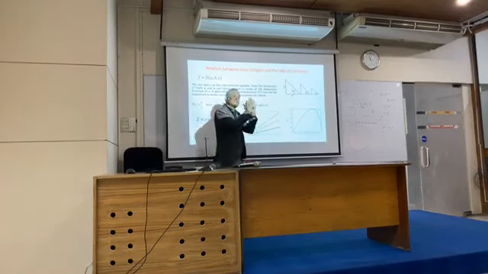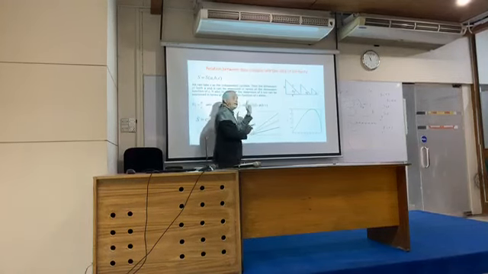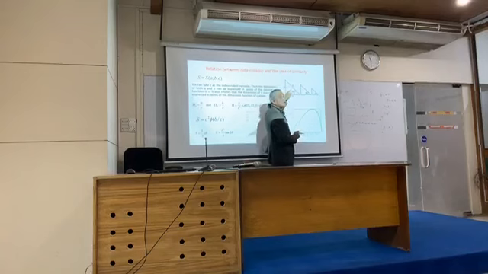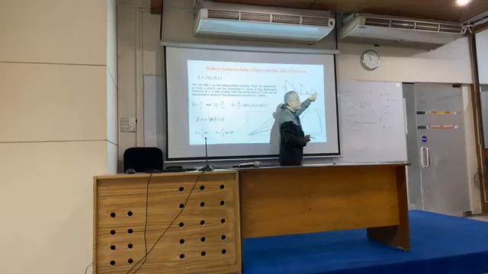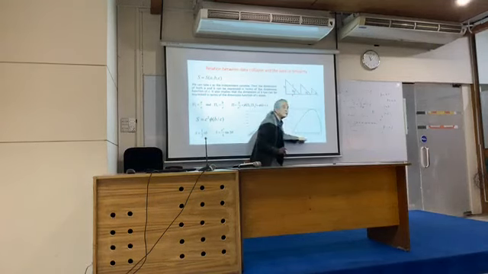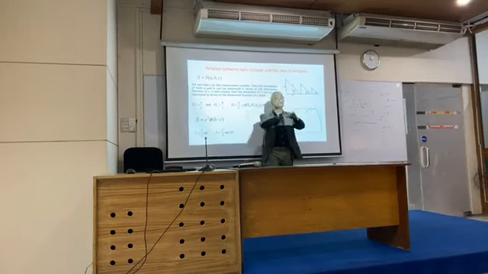Fine. Now the same data, when this area is divided by C square, the hypotenuse squared, and now I plot as a function of B by C, which is a dimensionless quantity, S by C square is also a dimensionless quantity.